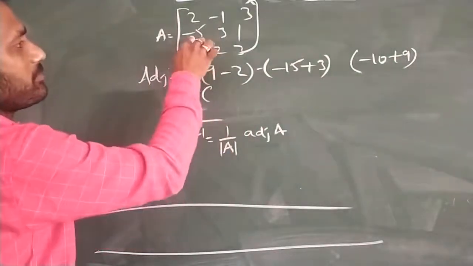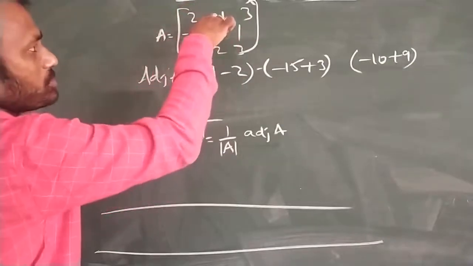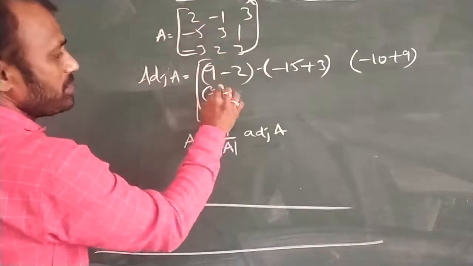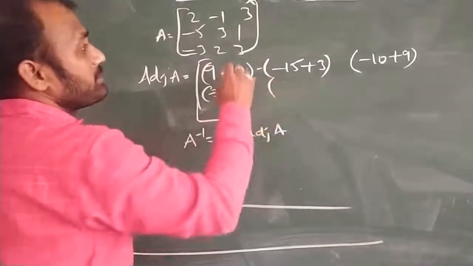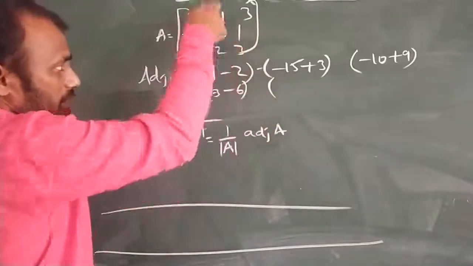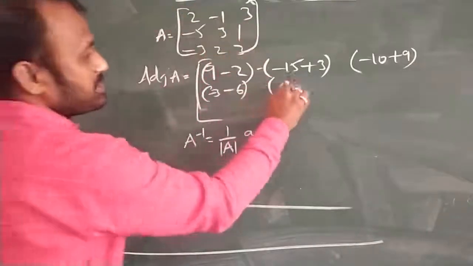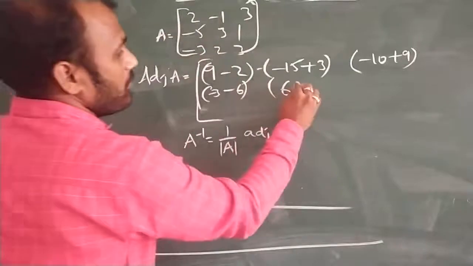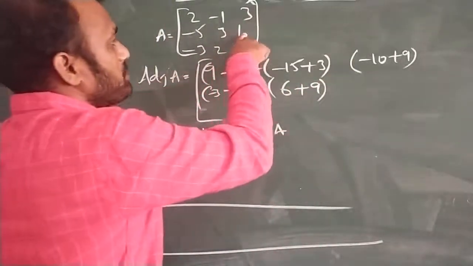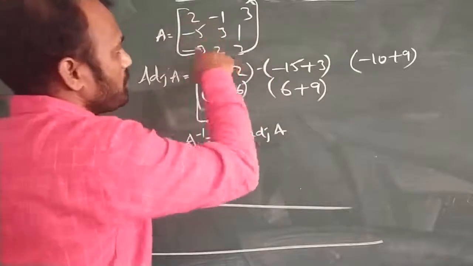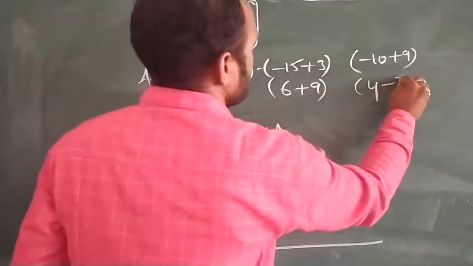Second row: delete this row and this column, so it will be minus 3 minus 6, and the next one, 2 3s are 6 plus 3 3s are 9. Next, for getting this one, in a similar manner, 2 2s are 4 minus 3.